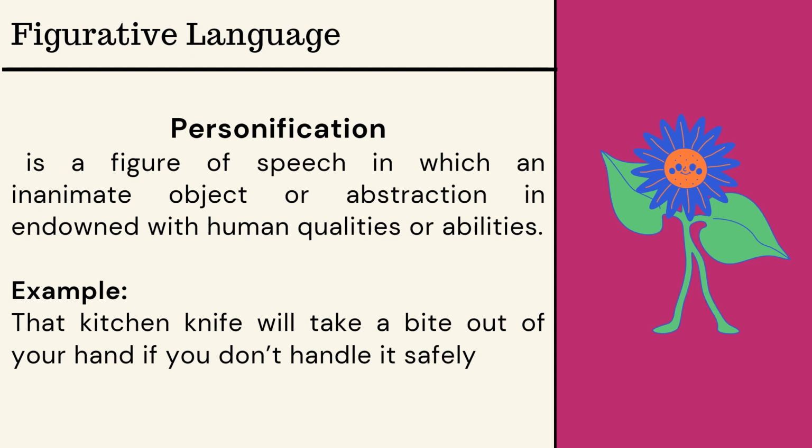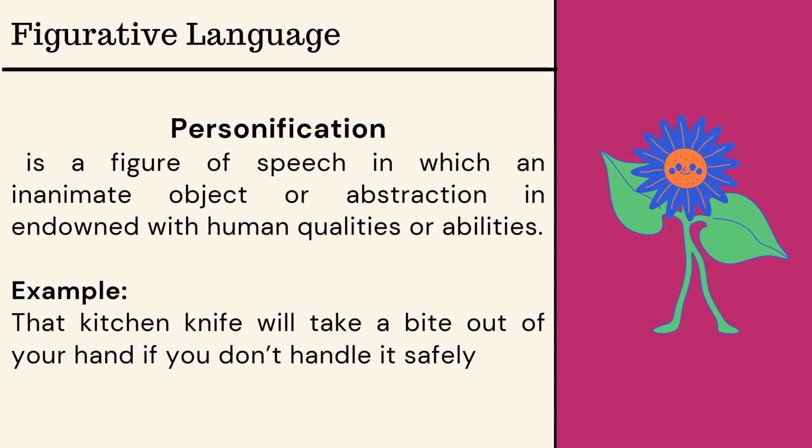It's a figure of speech in which an inanimate object or abstraction is endowed with human qualities or abilities, meaning something that is not human is given the ability of a human, like the characters in fables, animals who are not really talking or cannot talk in real life, but in fables they can. So it's personification.